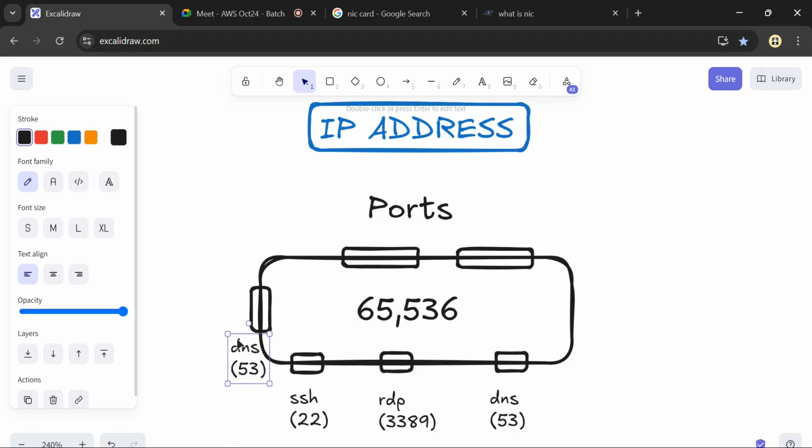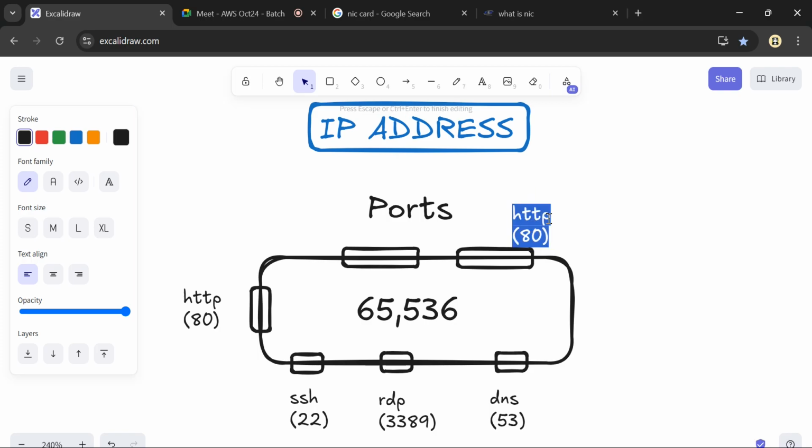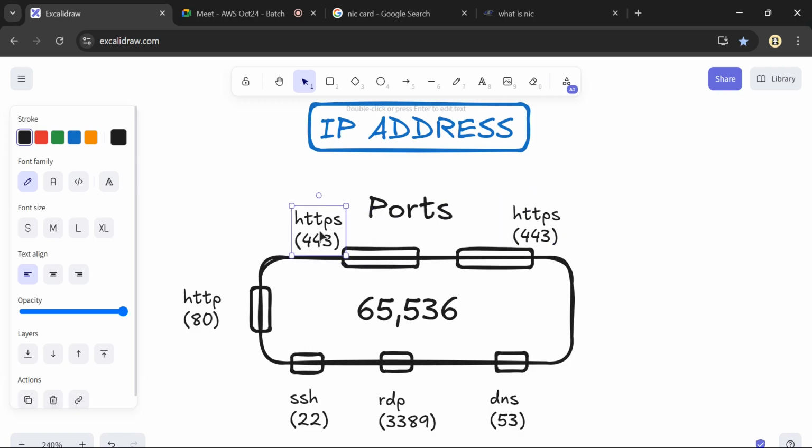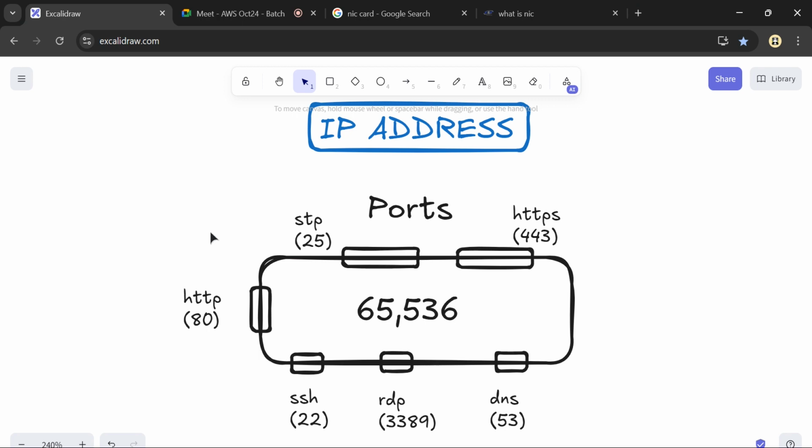Then we have, let's say, the HTTP port, which works on port number 80. Then we have the HTTPS port, which works on port number 443. Then we have another port, that is the SMTP port, port number 25, and so on. So these are some important ports that are used in any server, right?